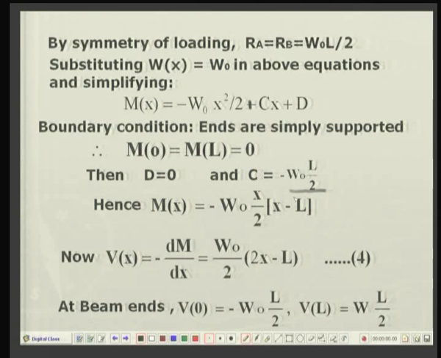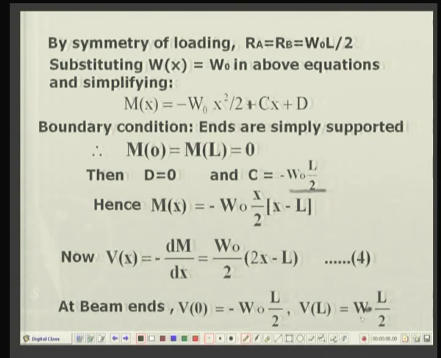And if we differentiate it once with the negative sign, we will get the shear force V x is equal to W0 by 2 into 2x minus L. As a check, when we put x equal to 0 and x equal to L, we will get the shear force as minus W0 L by 2 and plus W0 L by 2.